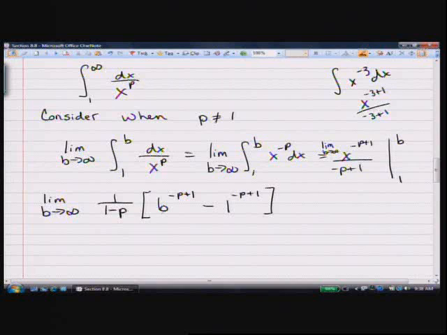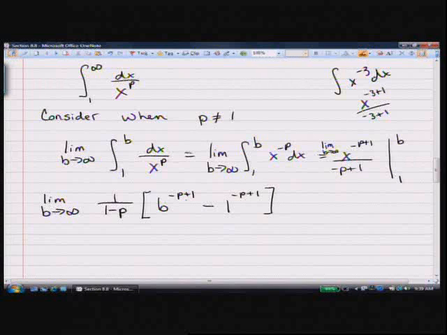Okay, and we need to think about what's going to happen as b goes to infinity. It's going to depend on what the value of p is, right? Can you give me any thoughts on what would be true?